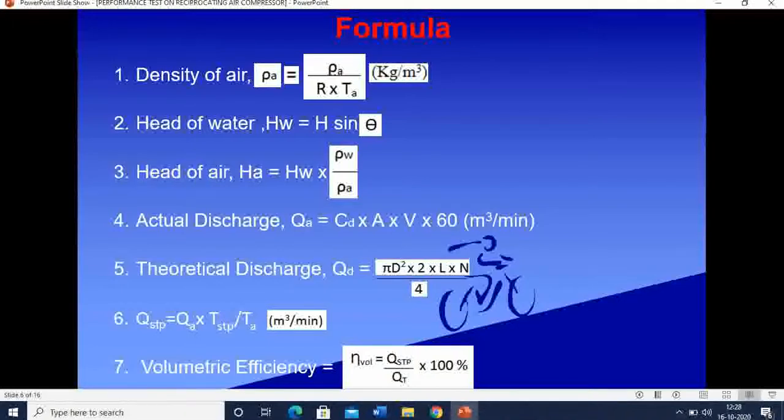Now after these formulas, we can see through a small video what we are going to do in this experimentation and how we take the calculations with the help of this reciprocating air compressor.